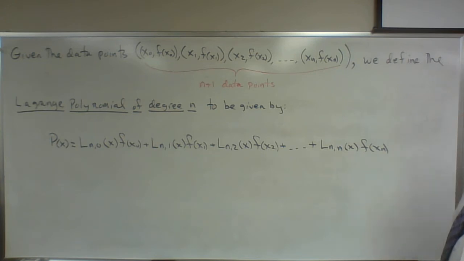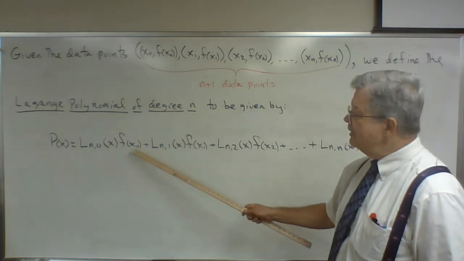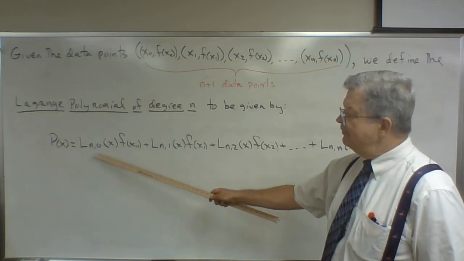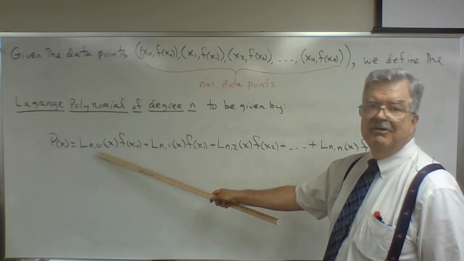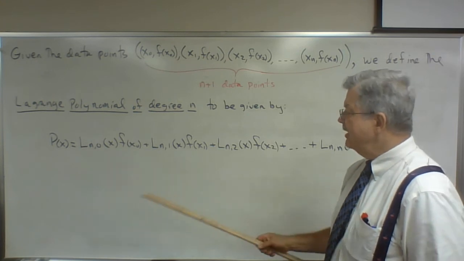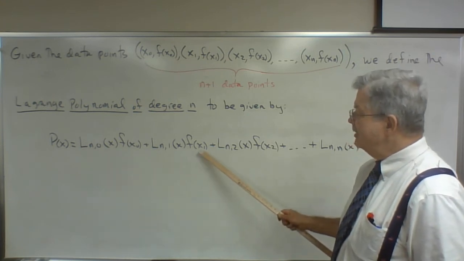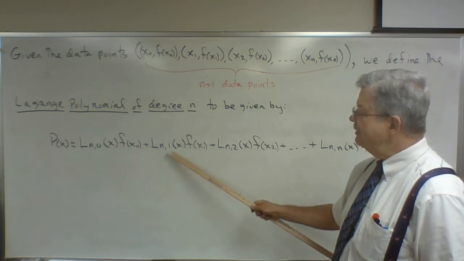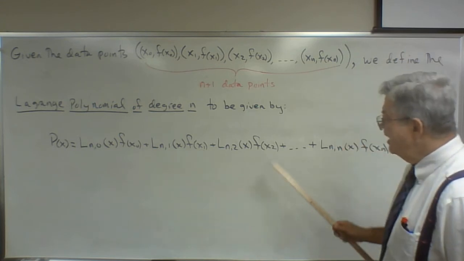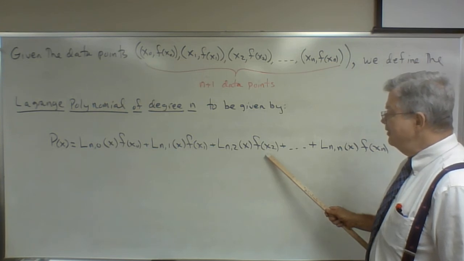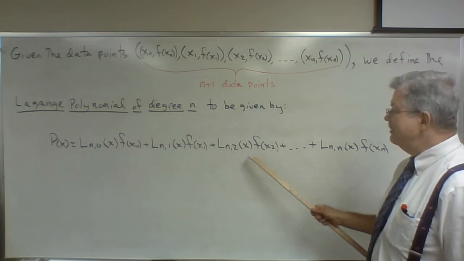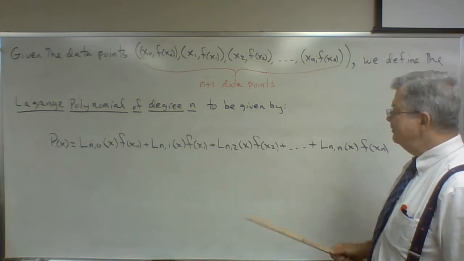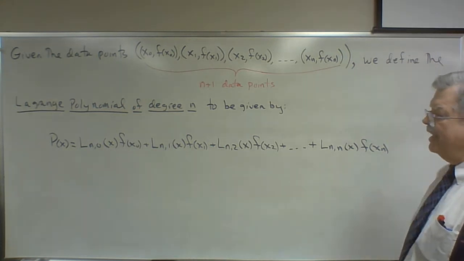So in other words, we have the y-coordinate of the 0th data point, f of x naught, with some function of x as a coefficient. The y-coordinate of the first data point, f of x1, with some function as its coefficient. f of x2, the y-coordinate of the second data point, with some function of x as its coefficient, and so on and so forth.